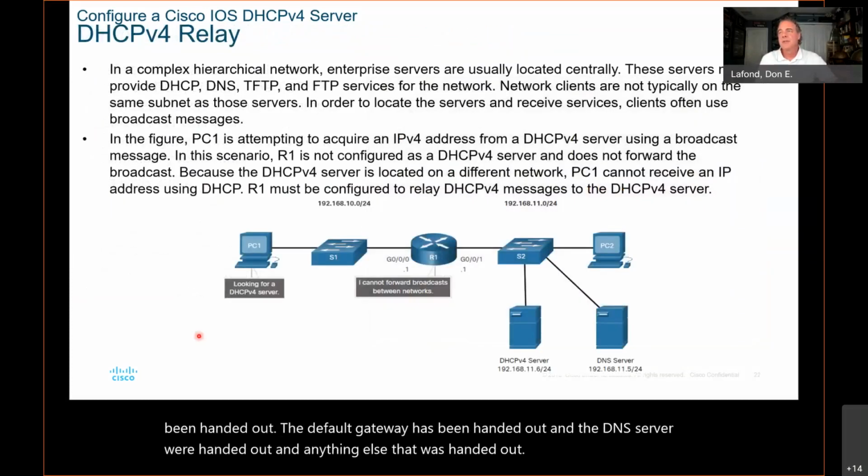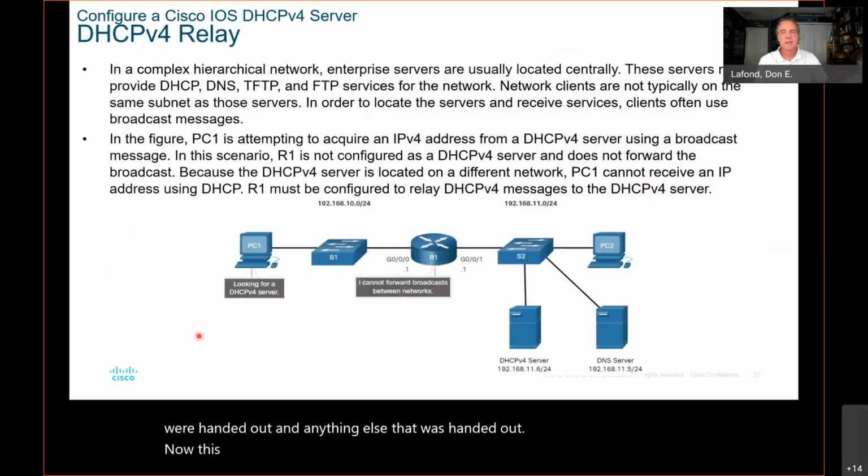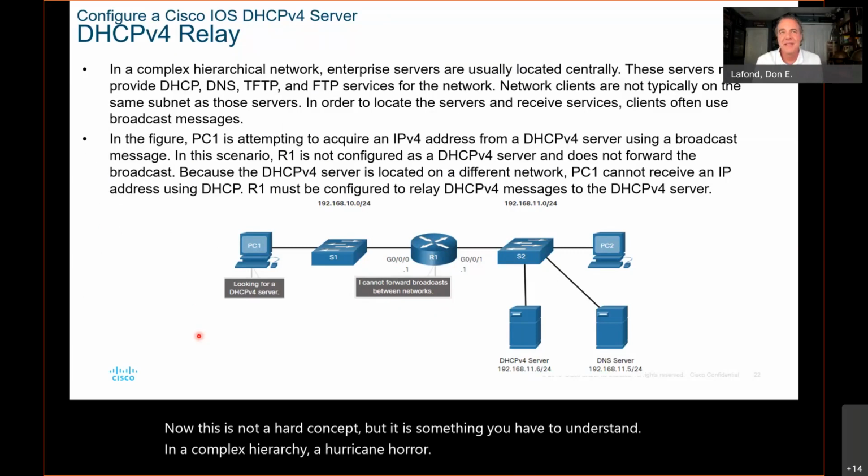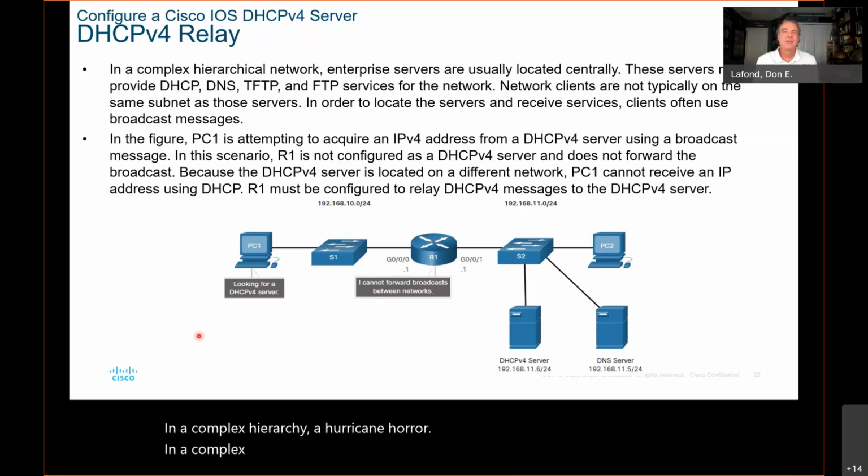Now, this is not a hard concept, but it is something you have to understand. In a complex hierarchy, in a complex network, enterprise servers usually are located centrally. These servers may provide DHCP, DNS, FTP, and TFTP services for a network.